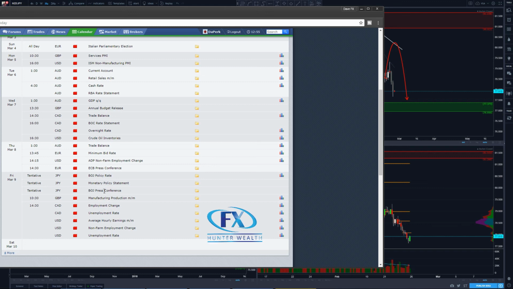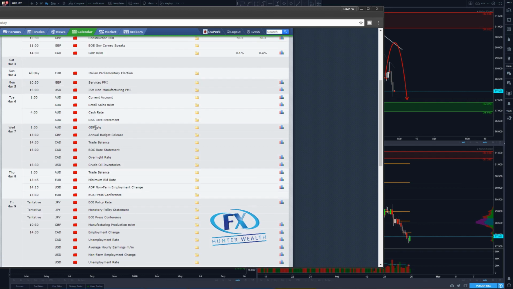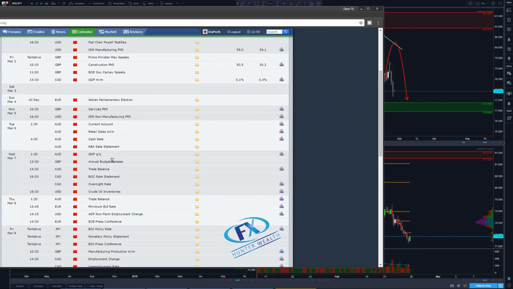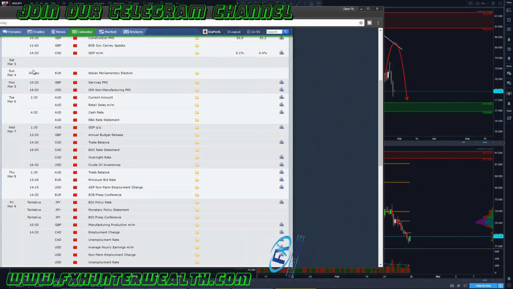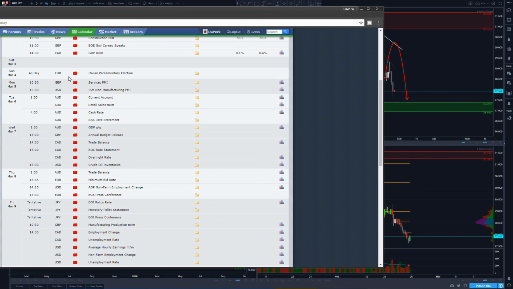Thursday we will have the Bank of Japan and the European Central Bank press conference. Wednesday will be the Bank of Canada, as well as the gross domestic product from Australia and the Australian central bank. So the following 2 weeks we will have a lot of volatility. There will be a lot of potential to make profits or to lose profits if we are not ready, but we are ready. And yeah, this is it.